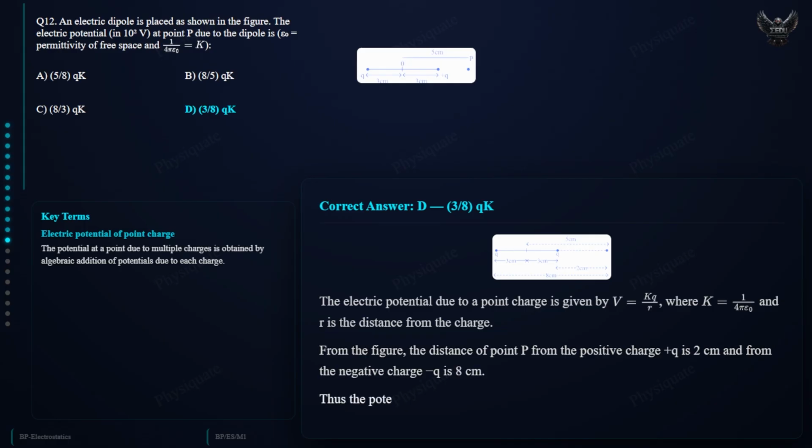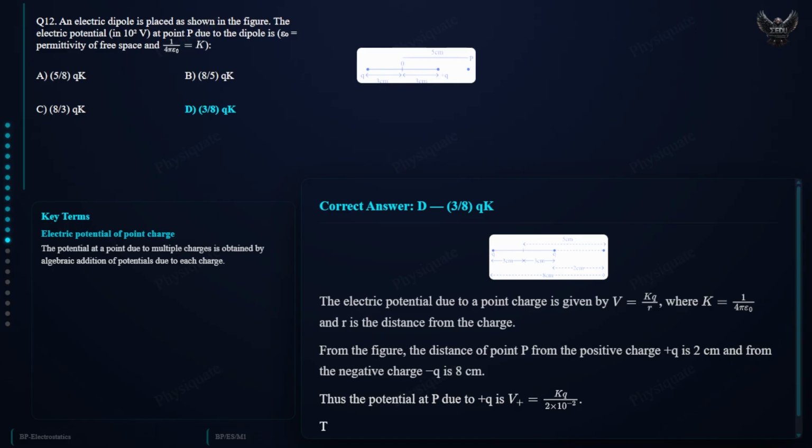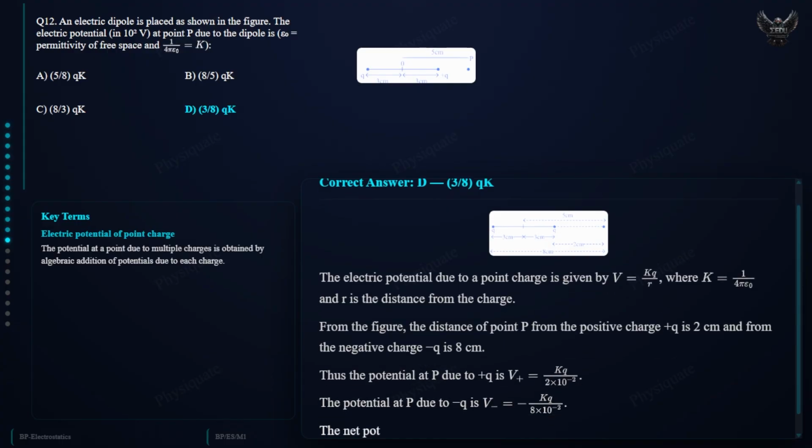Thus the potential at P due to plus Q is V plus equals KQ divided by 2 times 10 to the power minus 2. The potential at P due to minus Q is V minus equals minus KQ divided by 8 times 10 to the power minus 2. The net potential is obtained by superposition, V equals V plus plus V minus.